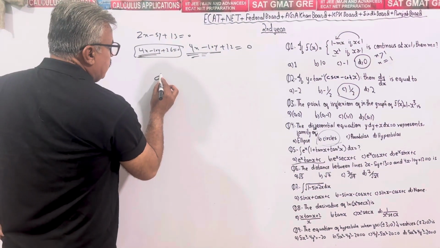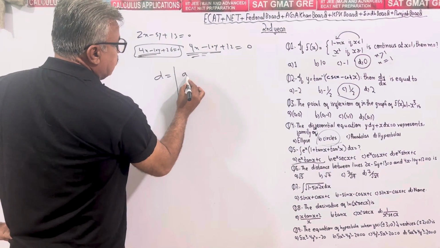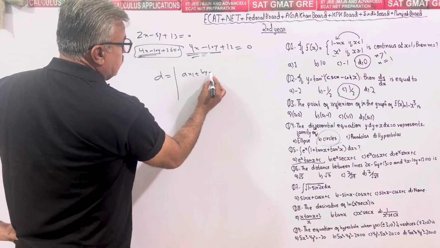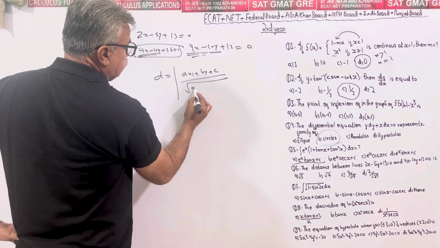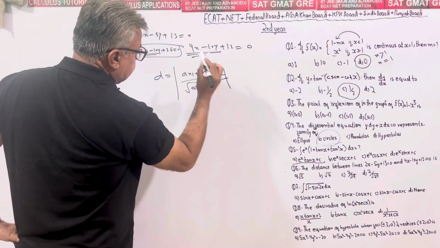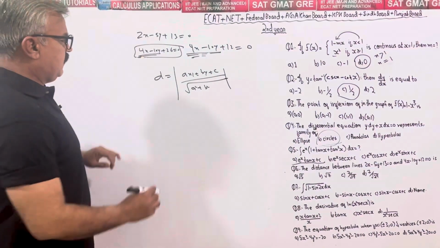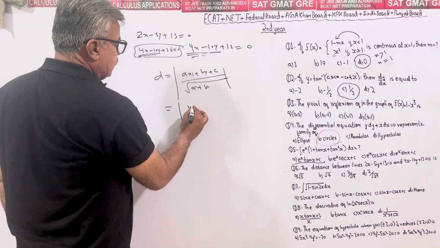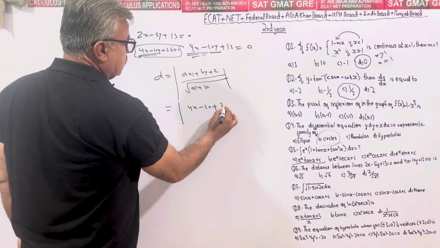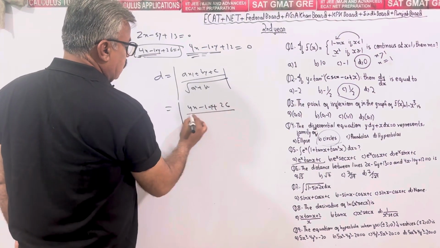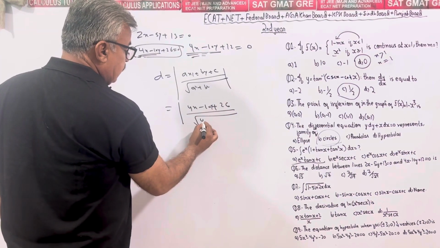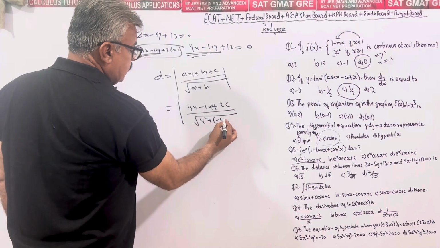Okay. We are familiar with the distance from point formula, that is (a x1 plus b y1 plus c) over root of a squared plus b squared. Taking any equation, I am taking the first one: 4x minus 10y plus 26 over the square of the coefficient of x plus the square of the coefficient of y.